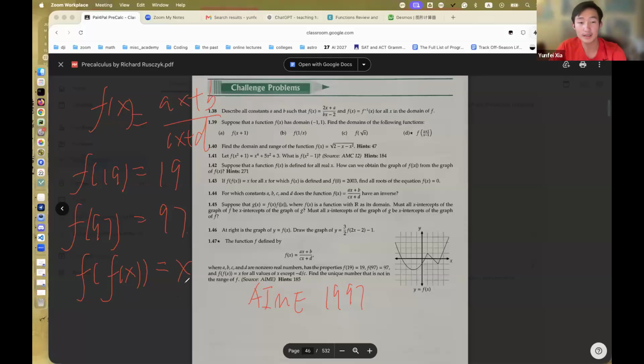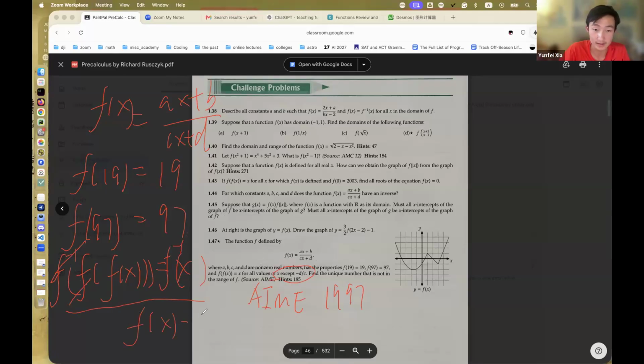So therefore, we can apply the knowledge you learned today upon inverse function. Since this is true for all x, with a minor exception, you can apply f to the negative 1, which is f inverse, to both sides. And then by definition of inverse, this cancels with f. So you have f of x is equal to the inverse of f of x.